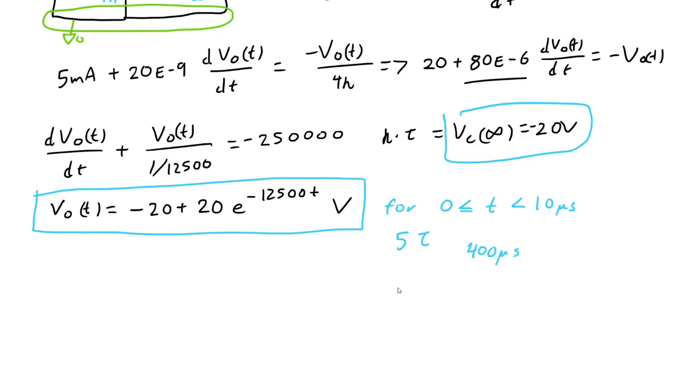Now, we don't have enough time for this capacitor to fully charge, so we can't say that whenever we flip the second switch that the initial voltage will be minus 20 volts, the final voltage for the circuit. So we're going to find out what VO at 10 microseconds is, the initial voltage just before the switch is thrown.